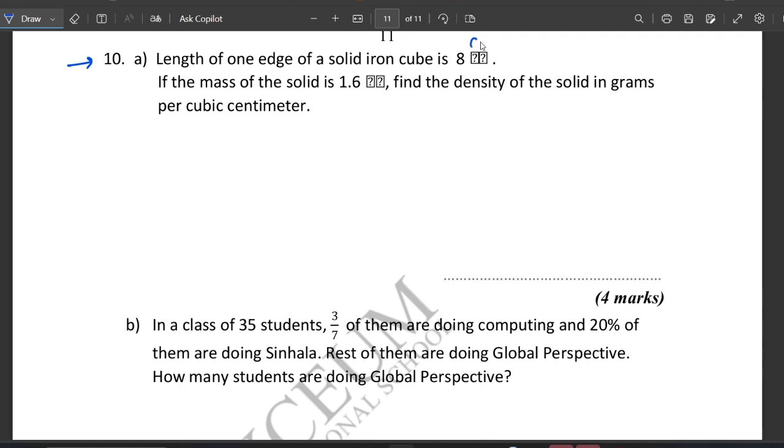I think of this as centimeter and this as kilograms. This is a cube, so all the sides are equal. One side is 8 centimeters.